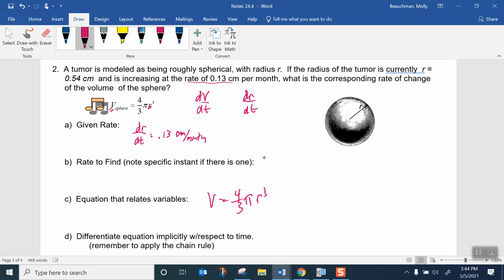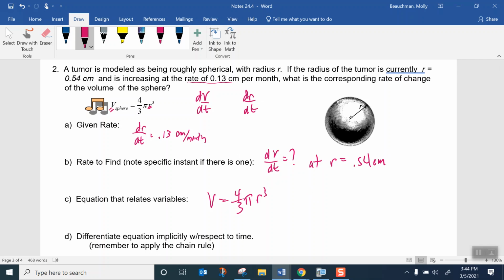And we want to find the rate of increase of the volume, so we want to find dV dt, when the radius is 0.54 centimeters. We're going to need that information for the next step.